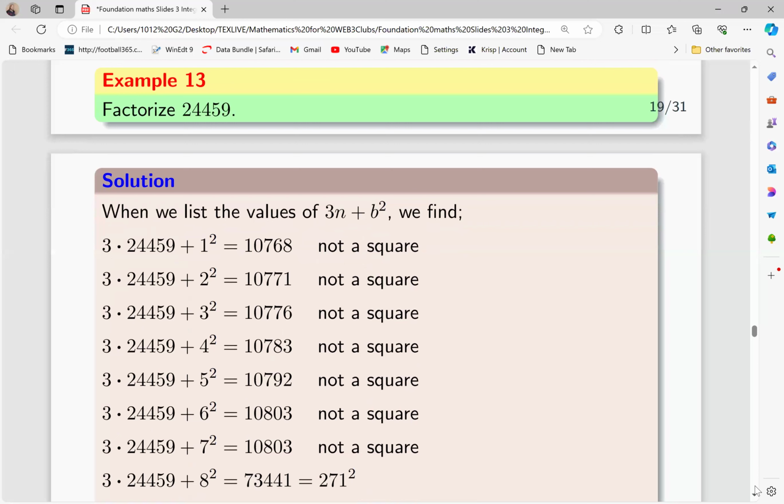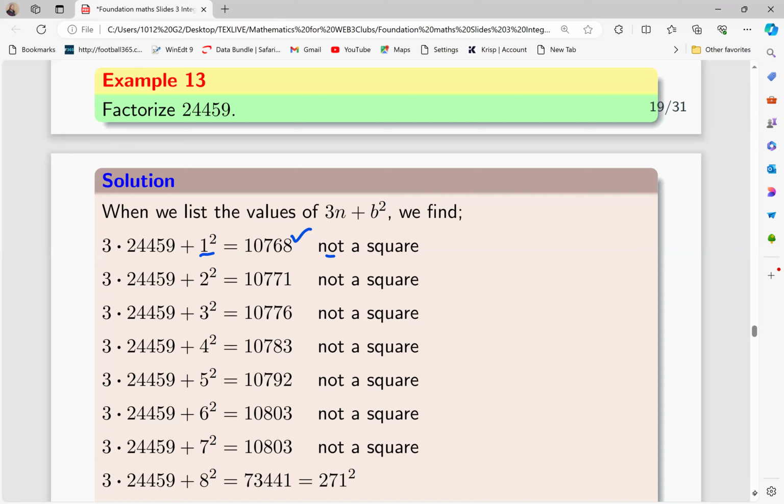Now, let's try 1 square, and that gives us this. Just confirm. I think it gives us that. But the issue is that whatever you get here is not a perfect square. Just do it again. The answers I've written there, just confirm them.